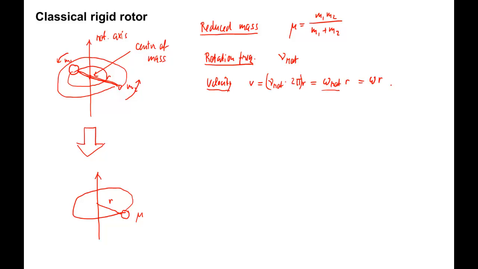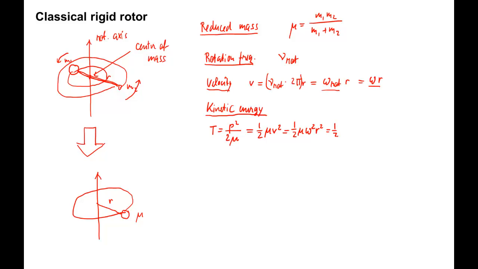Now, the kinetic energy of the mass is the following. T equals p squared over 2 mu, where p is the linear momentum, or alternatively 1/2 mu v squared, where v is the velocity. Now if we insert the expression from above, we get 1/2 mu omega squared r squared.